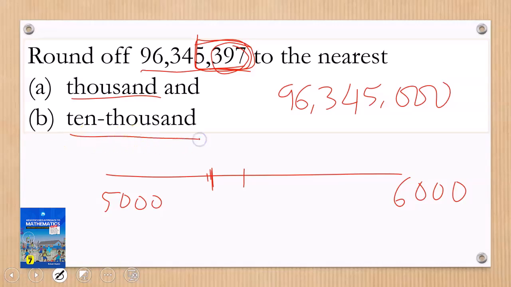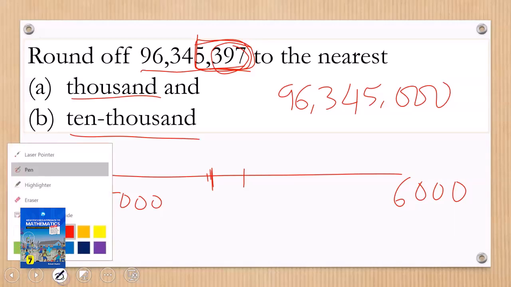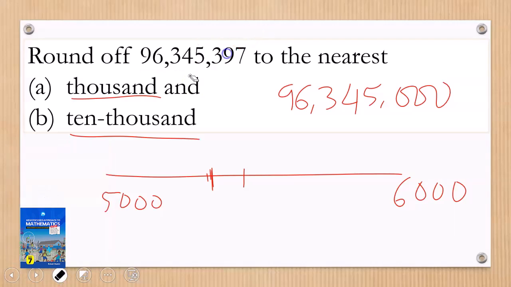Then to the nearest 10,000, we are now going to consider it in terms of the 10,000s, starting from here. So it is 45,397, and we are going to call this one 96,345,000 plus. Because we are talking about 10,000, in terms of 10,000s it should be either 40,000, 50,000, or 60,000.